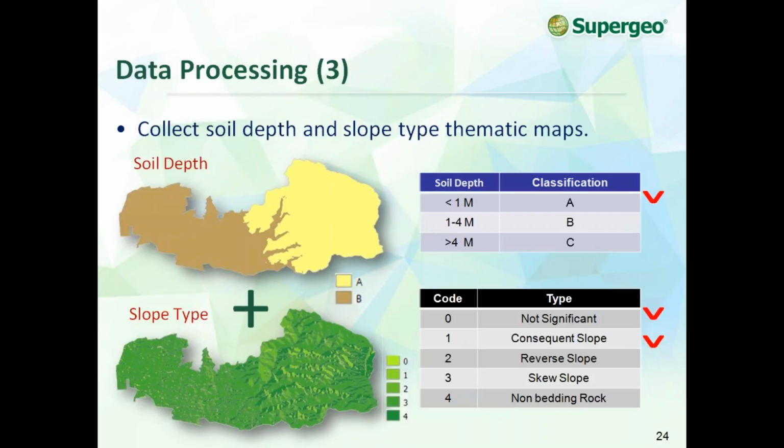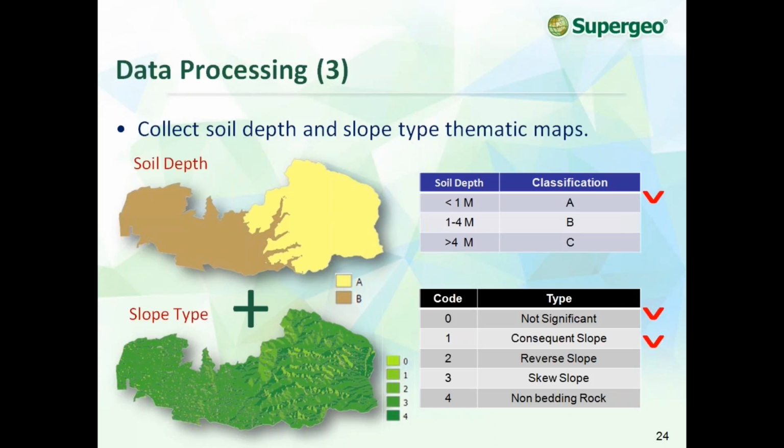Now I just try to do the same thing for the other data. I try to create the second, the ordinal geology map. So I need to collect the soil depth and convert it to ordinal values, and also convert the slope type, so everybody can see the first table and the second table. I set different degrees to represent different meanings, and especially in the second table, the code number means the different slope types.